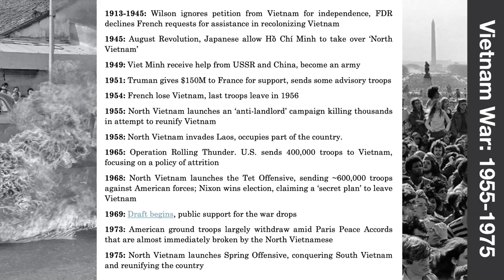So eventually the United States leaves. North Vietnam completes their attack and conquers South Vietnam, thus essentially being the first of, well, not even the first, one of many losses that the United States suffers in war after World War II.